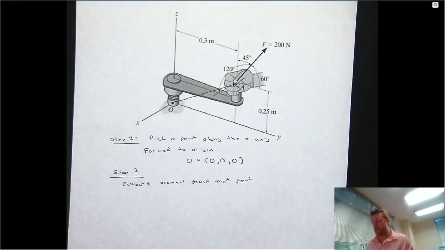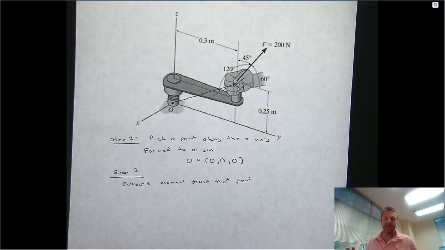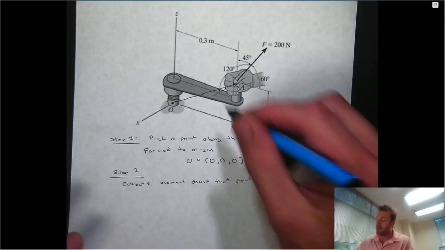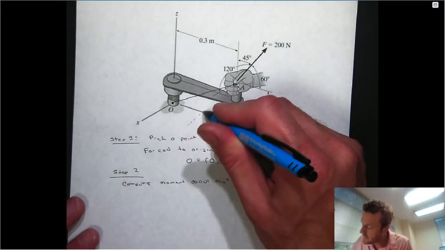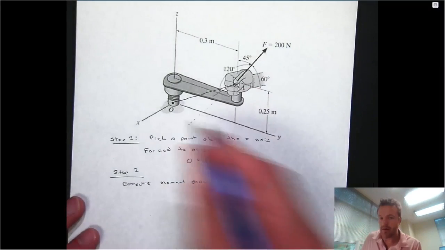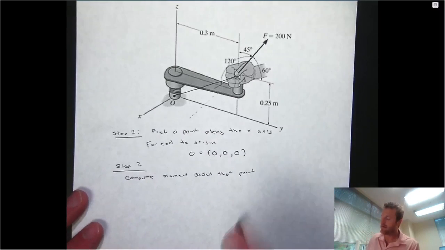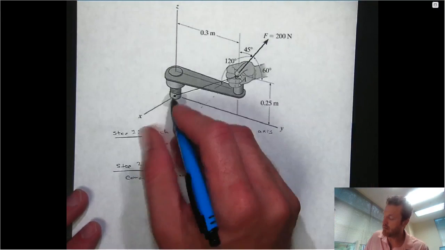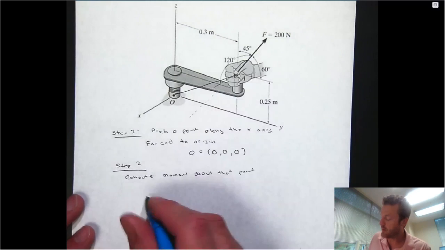So I could define it to the point of application. That might be an easy thing to do based upon the information that I have. But if I had additional information, I could choose that position vector to be anywhere along that line of action. Please don't forget that. So I'm just going to compute the position vector from the origin to point A.